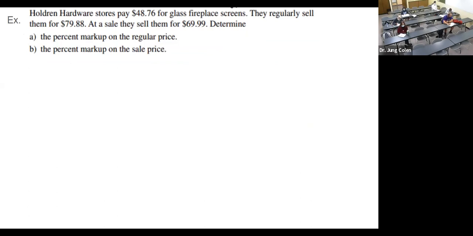Determine the percent markup on the regular price. And then I want you to find the percent markup on the sale price. How about everybody solve this? And I will ask your help. I'm calling your name randomly.